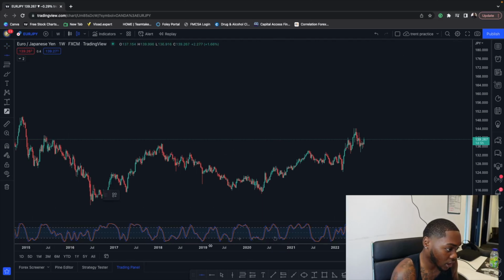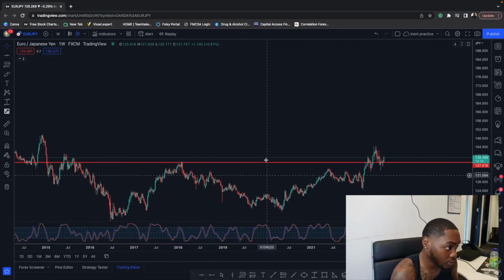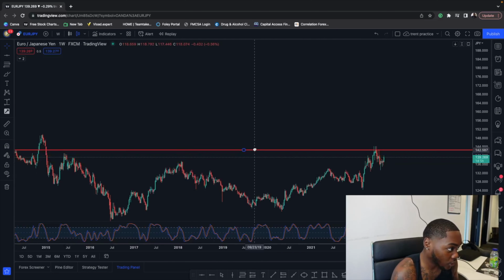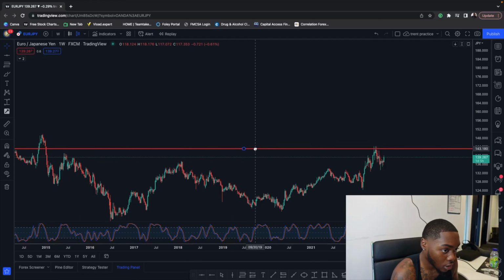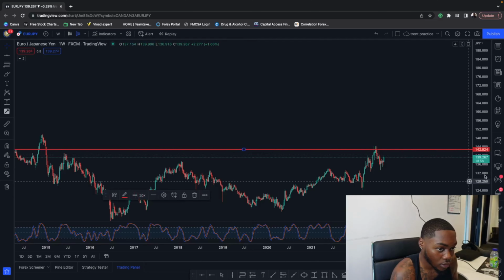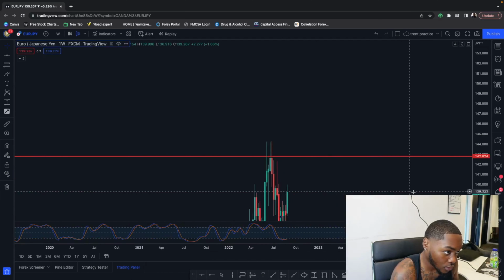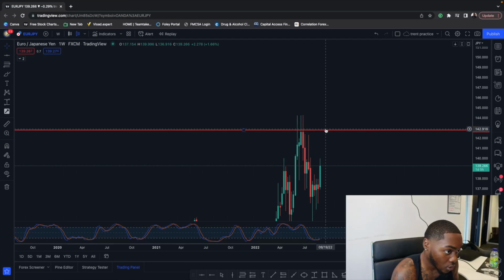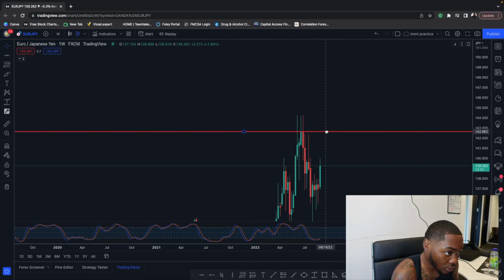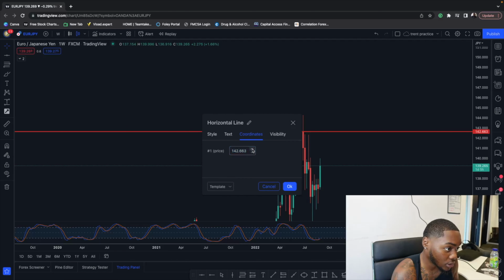So I start with my weekly chart, and I'm going to find a horizontal line and go all the way to the last close of a candle. As you can see here, I want to get right where these candles open and close. And then I'm also going to find the nearest quarter point. So let's just do 75, 142.675.